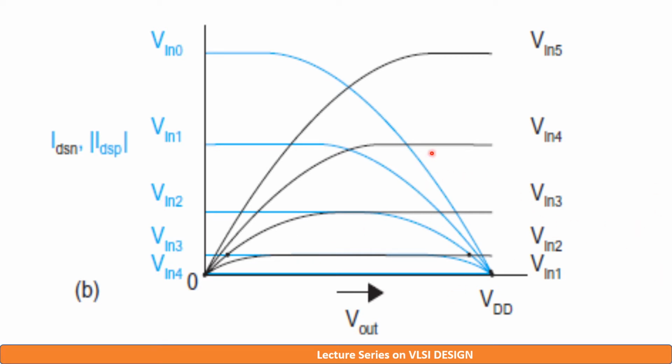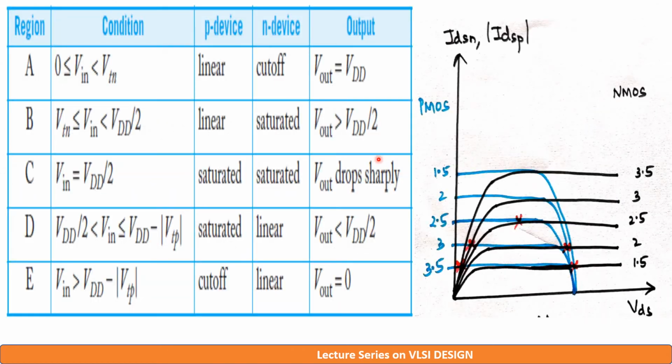So both N and P characteristics are overlapped to obtain the DC characteristics of a CMOS inverter. If we overlap the characteristics of NMOS and PMOS, this is the curve we obtain in the first quadrant.